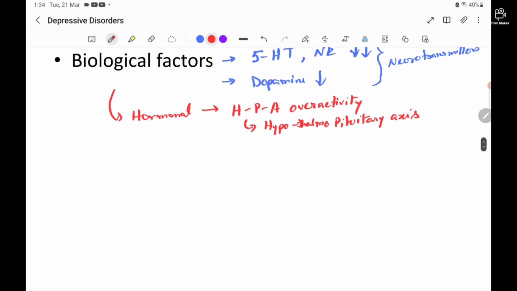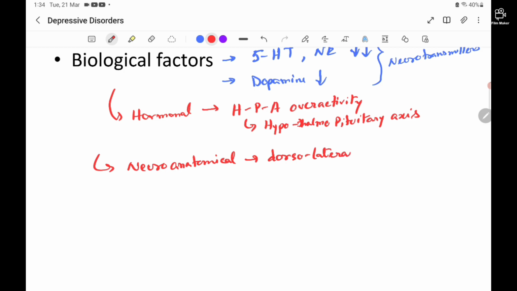And there are neuroanatomical factors inside the biological factors, where the dorsolateral prefrontal cortex activity goes down. So dorsolateral prefrontal cortex hypoactivity.